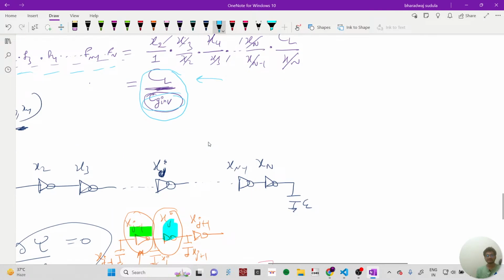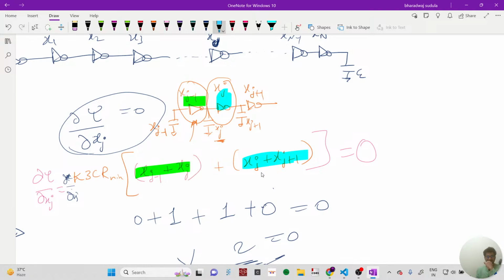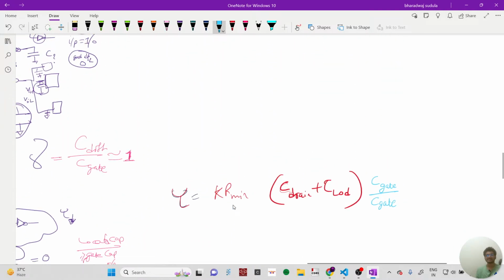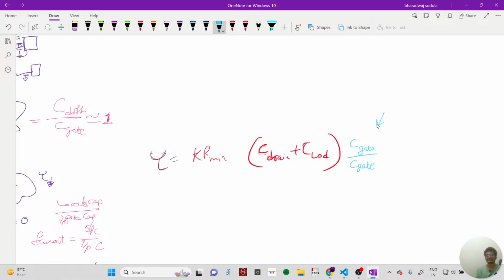And one more thing, if I differentiate this, it comes out to be just 0, with no useful insights. So if I include other variables like C gate, the input gate capacitance of an inverter or any logic gate, then I might get some useful insights. Let's see. So let's multiply this C drain by C gate and C load by C gate.